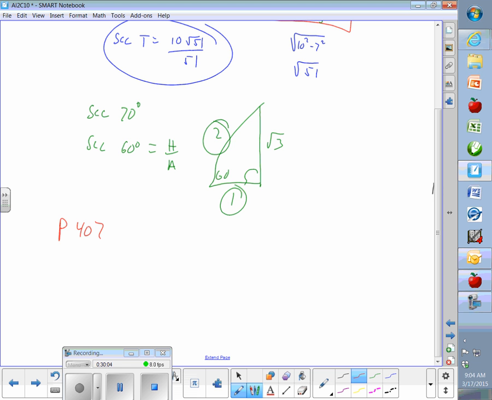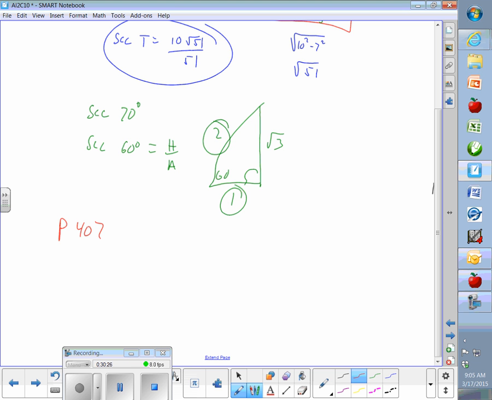Don't convert to degrees-minutes. Everybody got that? So instead of saying, for example, 70 degrees, 30 minutes, say 70.5 degrees. Just what your calculator says. That's the answer. Round it off to one decimal place.